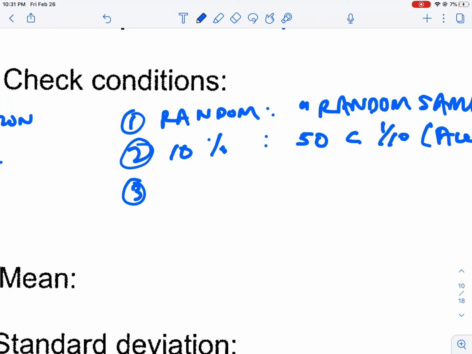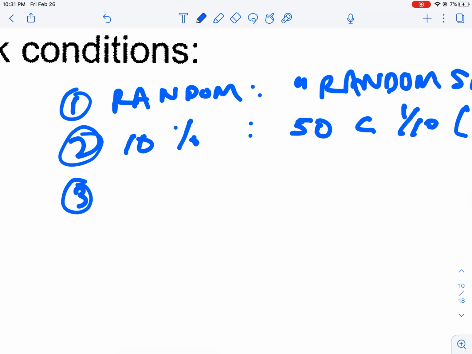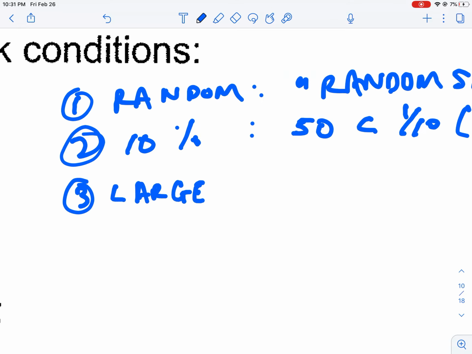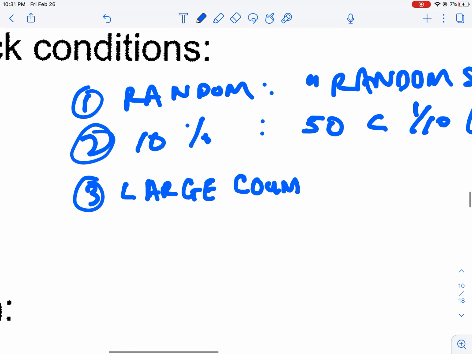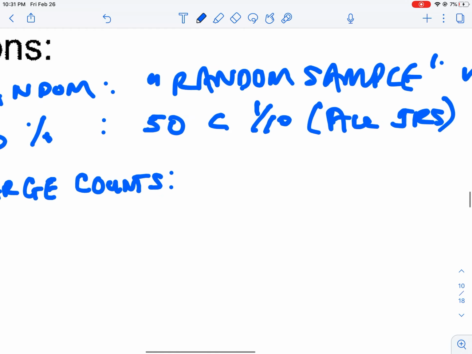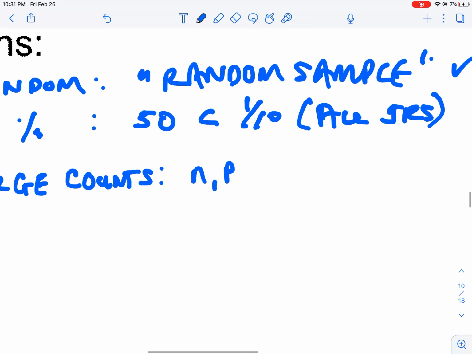Why do I mention that? Well, when we get to our large counts condition, we are going to use our p hat sub c to determine if we have large enough counts to do this calculation. So our large counts is going to look like this. N1 times p hat sub c, which would be 50 times 0.6, which gives us 30.